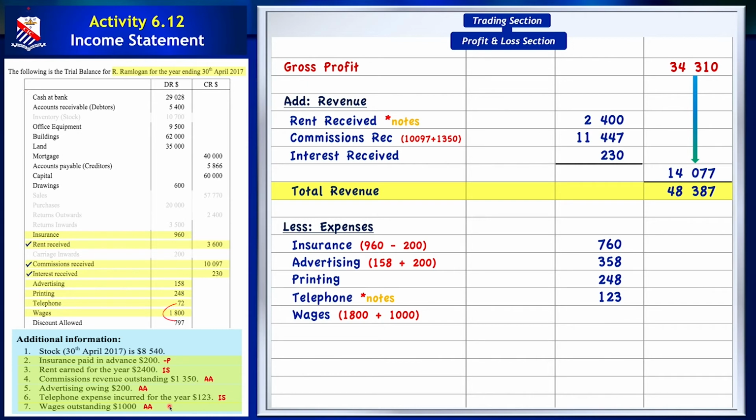So it would be the 1,800 from your trial balance, add the 1,000 accrued, and that will give you 2,800. And then your last expense, discount allowed. Check your notes. You would see that we have accounted for all of the notes, so there is nothing for discount allowed. So you just go into your income statement and you just put the $797 from the trial balance.